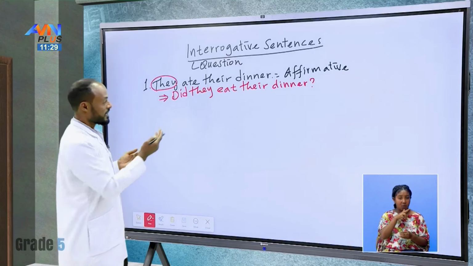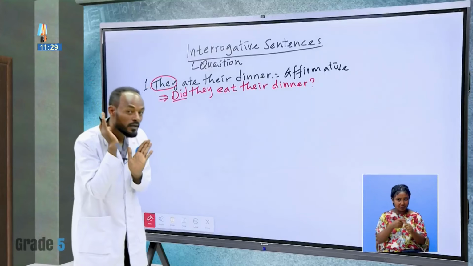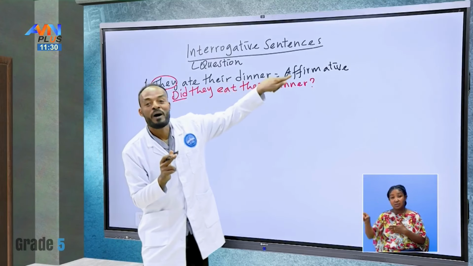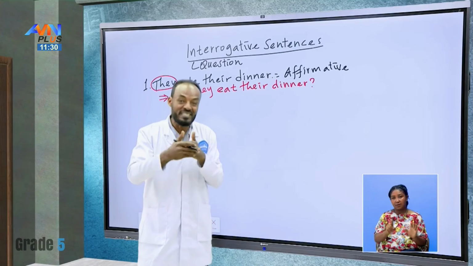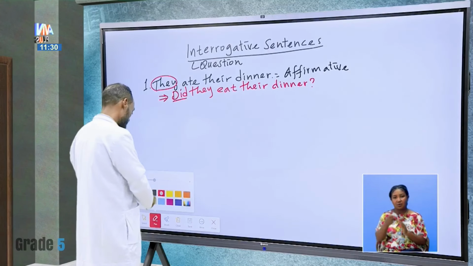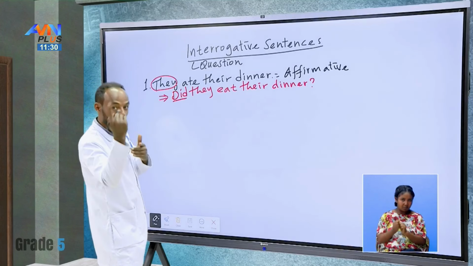Nice. Here, we've started from what? From did, because this one is the affirmative. What if it is negative? For example, let's change this one into a negative one, then change it into question form.